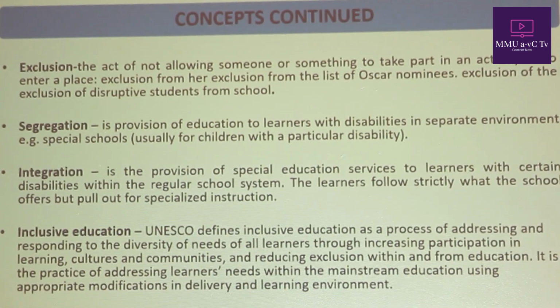For example, exclusion from the list of Oscar nominees, or exclusion of disruptive students from school. So these are children who have been excluded. Then when they come to school, they are also excluded. So that is exclusion, the act of not allowing someone to take part or to participate.